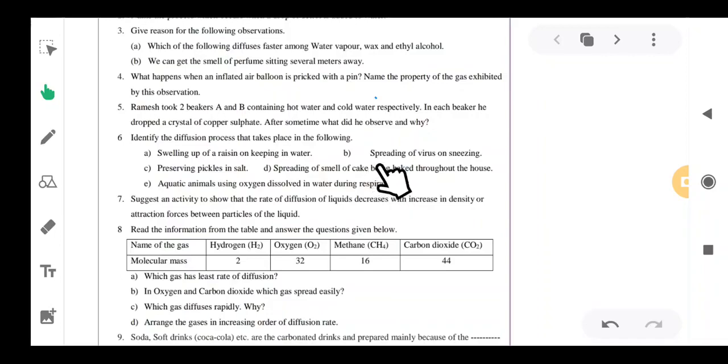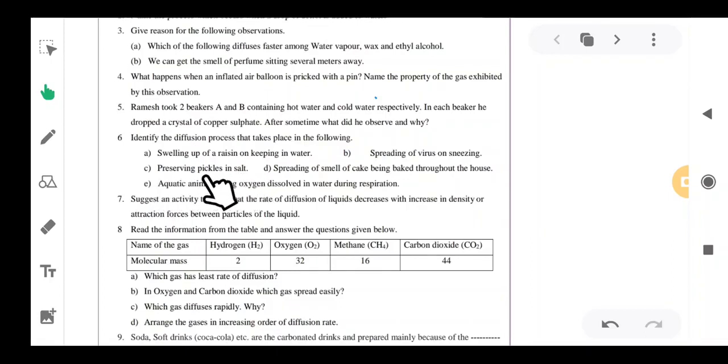Spreading of virus on sneezing, what is the process in this? Diffusion process. How does it take place? This virus is solid and it is spreading in the air, that is gas. So virus diffuses in air. Virus is solid, so solid diffuses in gas particles. This is the answer.